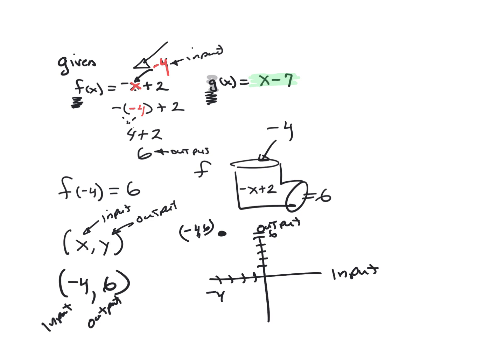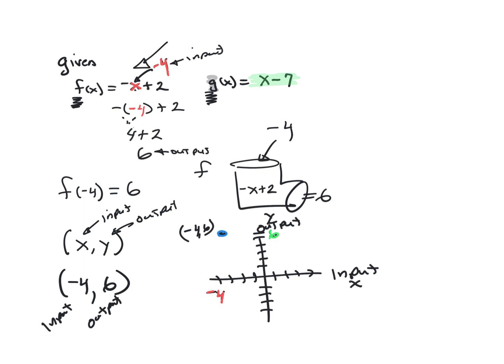We can plot the input-output using a coordinate plane, and we're assuming that you know the x and y axes. Your x-axis is your input, and your y-axis is your output. This is the location that has negative 4 as the input and positive 6 as the output.